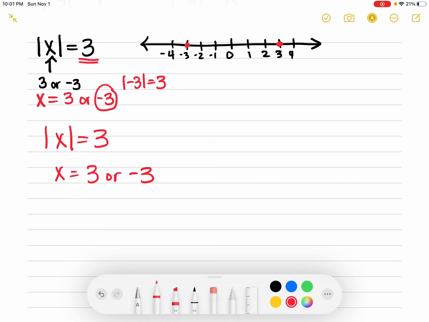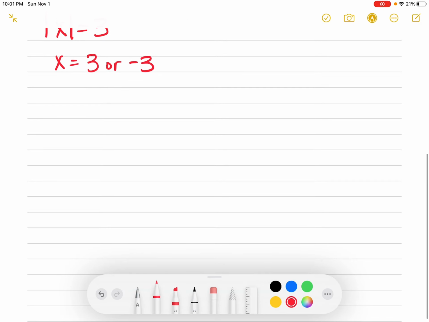Okay, so let's do another one like that. If I have the absolute value of x equals 4, then I'm going to say what can be inside of here? What can x equal? Well, x can equal 4, or it could equal -4. Now let's do it with an actual equation.